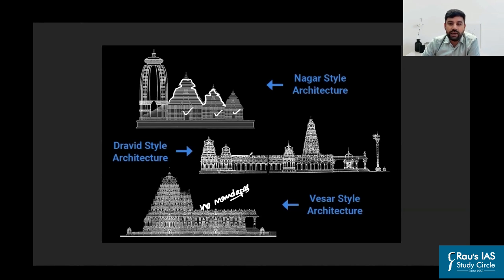If it does not, if it has a flat roof over here, see, it has a flat roof. Mandapas are used for marriage purposes. Marriages happen here, right? If it is used for marriage purposes, it is known as Kalyan Mandap. Okay, that is how it is.